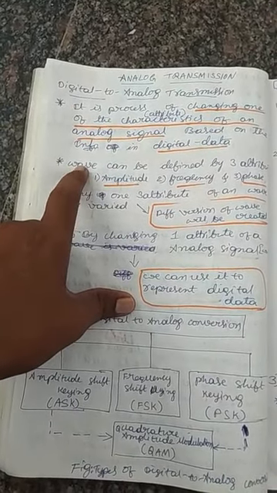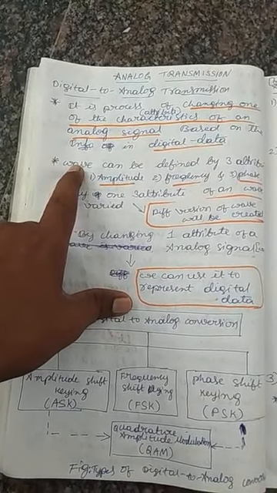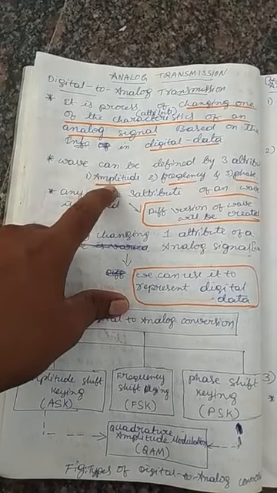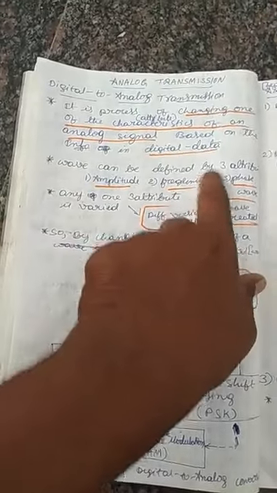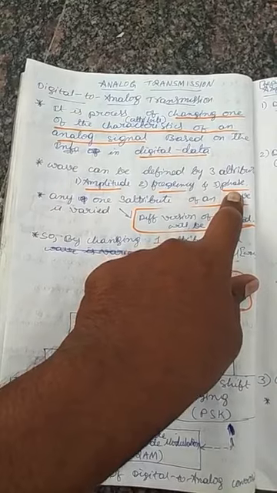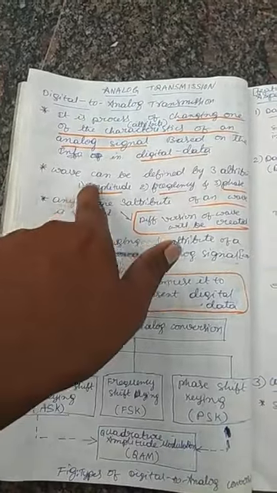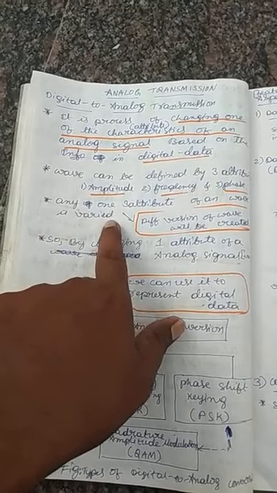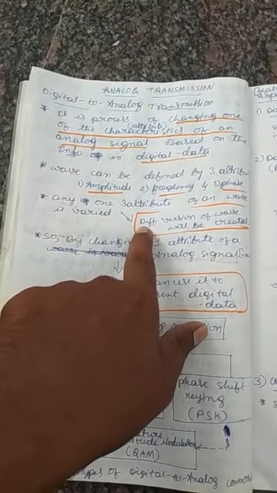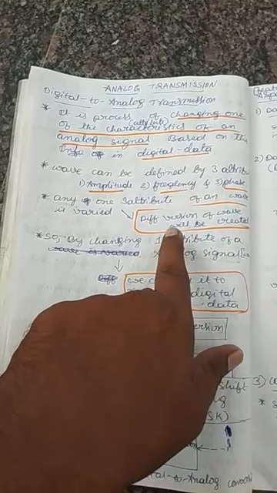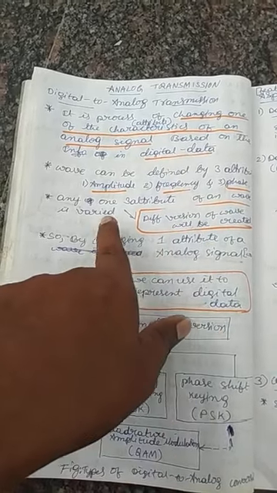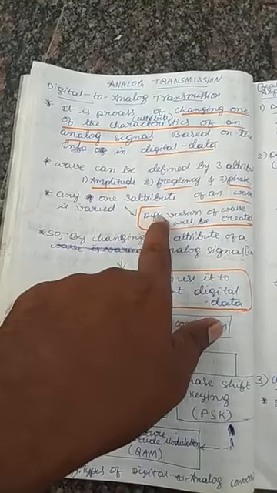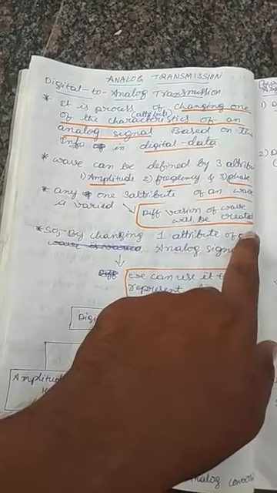What are the attributes of analog signals? Amplitude, frequency and phase. If any one of these three attributes is varied, we get a different version of the wave.